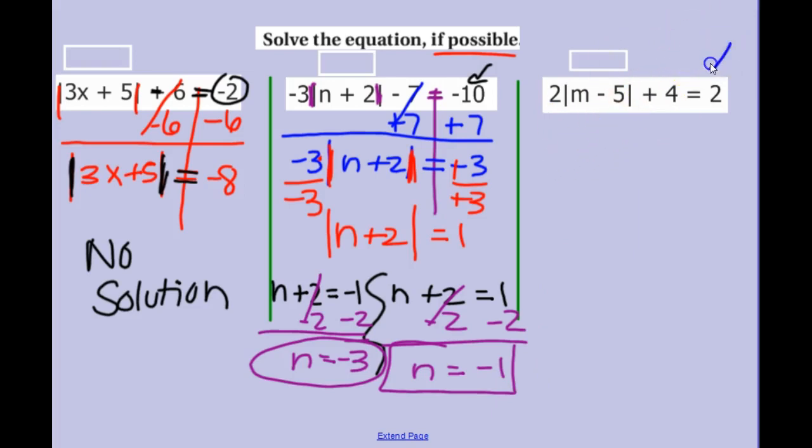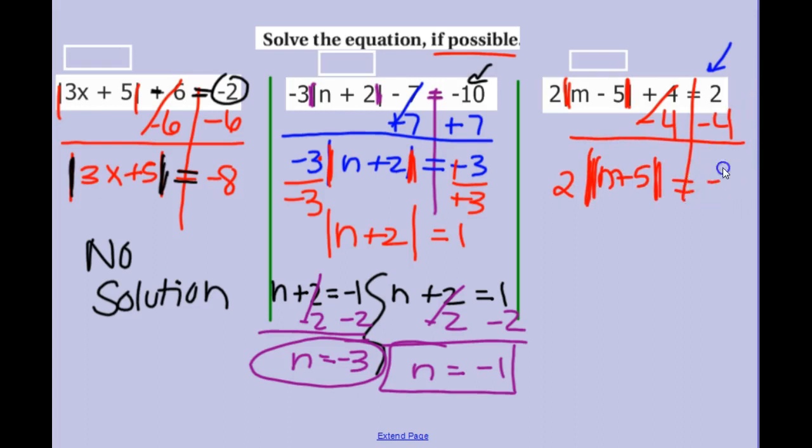It looks like there's going to be an answer, but we're never sure. We need to get our absolute value by itself. So I'm going to get rid of my addition and subtraction first. Subtract 4. So we have 2, absolute value of m minus 5, equal to a -2.